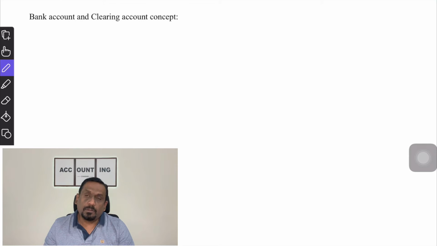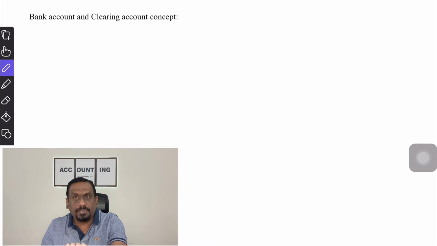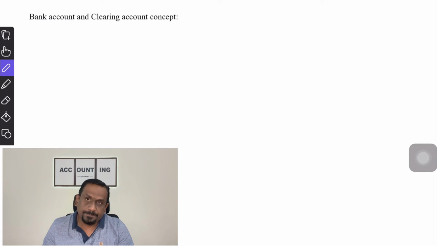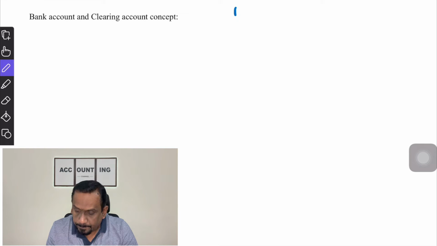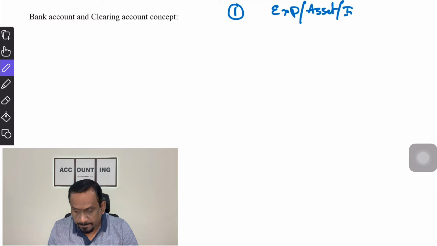When we talk about payables, when we receive the invoice from the supplier, we will process it. What entry do we post when we process the invoice? Debit expenditure or asset or inventory, right?